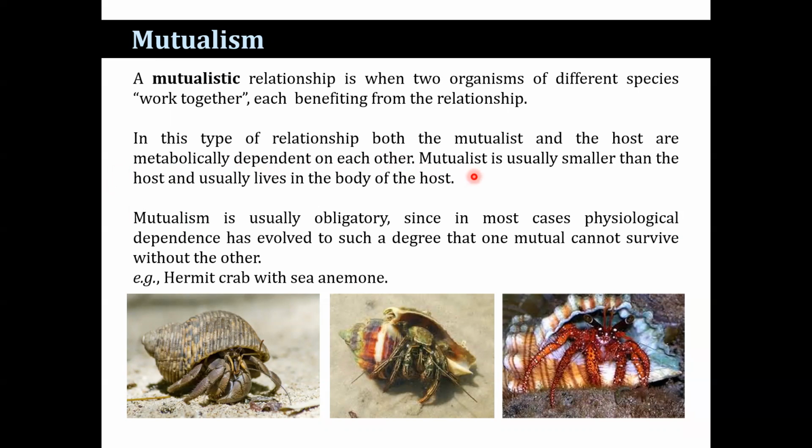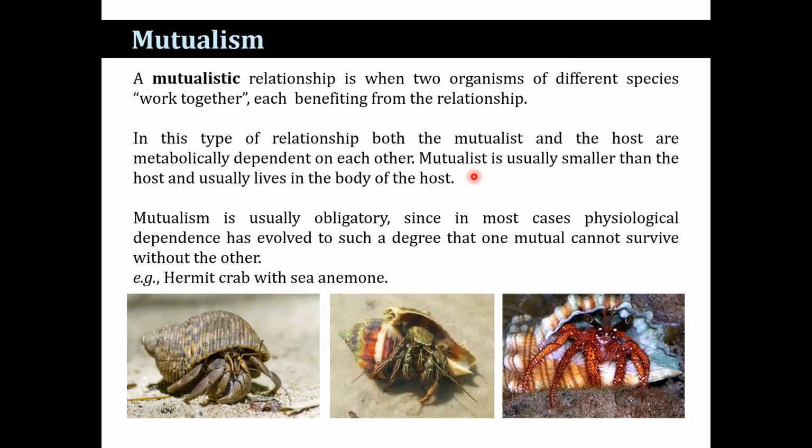And the mutualist is usually smaller than the host and usually lives in the body of the host. Mutualism is usually obligatory, since in most cases physiological dependence has evolved to such a degree that one mutualist cannot survive without the other. And you see here hermit crabs with sea anemone. That is a very good example.